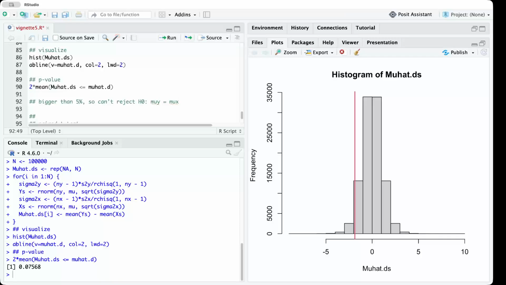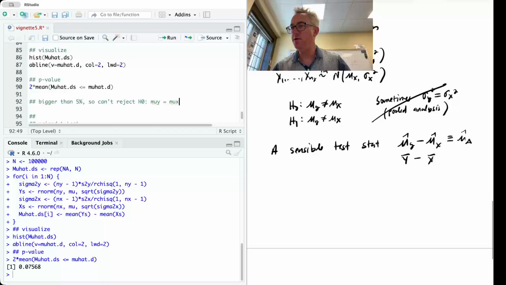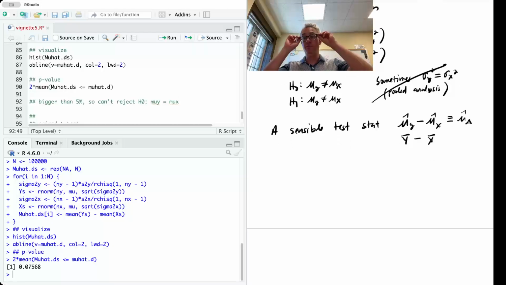Okay, that was by simulation. How do I do it in closed form? Well, this is kind of a complicated story.